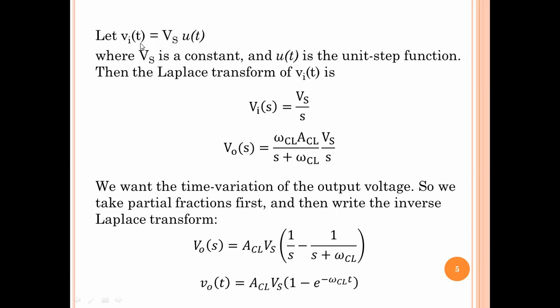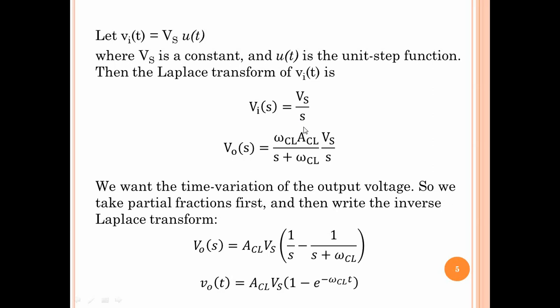So I want to find the Laplace transform of Vi so that I can use it in that previous equation. The Laplace transform of the unit step is 1 over s. I assume you already know this. If you don't, you will study it in the mathematics course. So the Laplace transform of Vi of t is Vs over s.